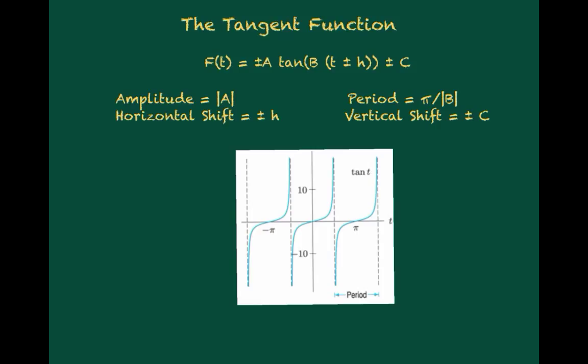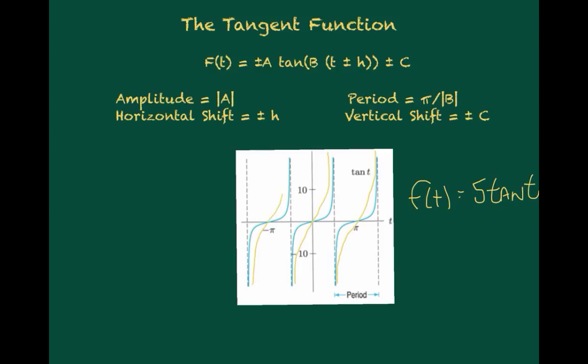Now, when we put a constant in front of tangent, it will stretch the curve. So, for instance, something like f of t equals 5 tangent of t would be a steeper curve, but it would still keep repeating like this.